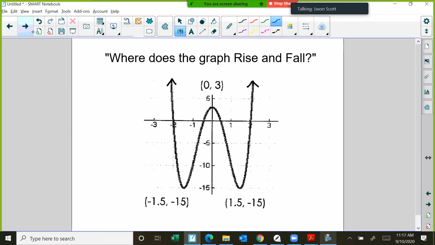The graph that I'm using is on page 11, if you want to refer back to that graph. And again, we're asking ourselves, where does this graph rise and fall?